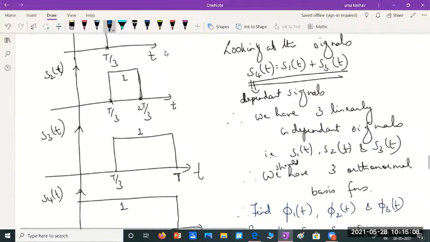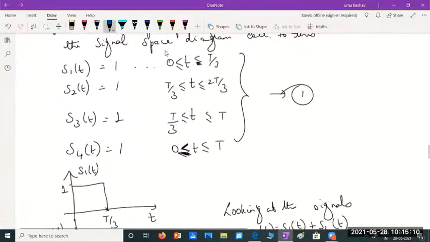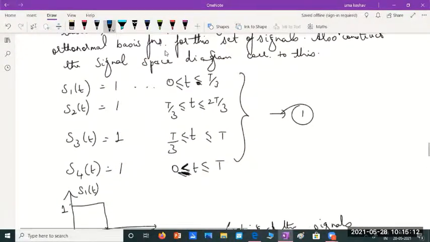Is S2 correct? S2 of t, t by 3 to 2t by 3, right? Okay.